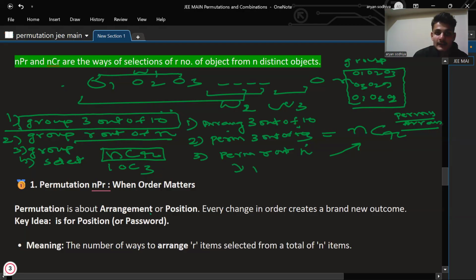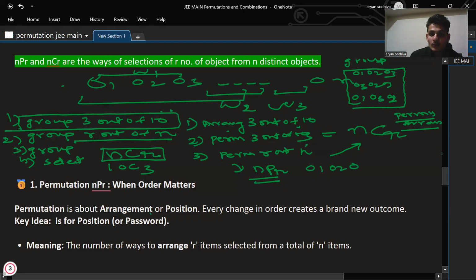In that case, nPr is used. nPr is used when you need to arrange, where order matters. Order is significant here. Order is significant.